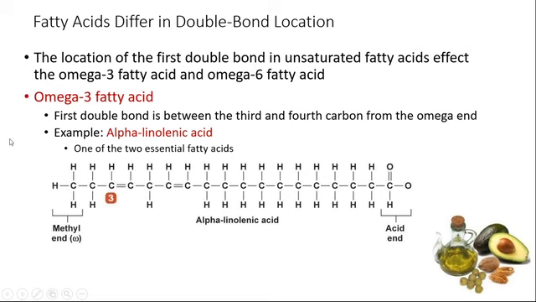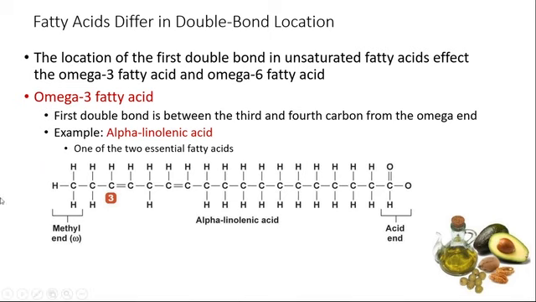You must have commonly heard nutritionists always talking about omega 3 and omega 6. So what is this omega 3? The first double bond is at position 3 from the omega end. Recollect, the methyl group is the omega end and the carboxyl group is the alpha end.